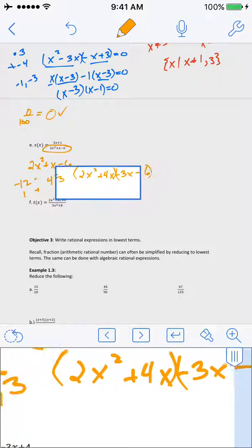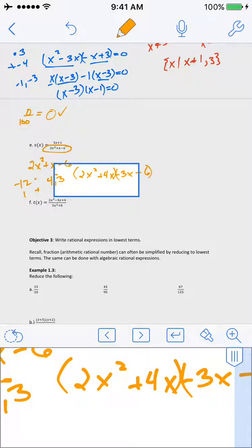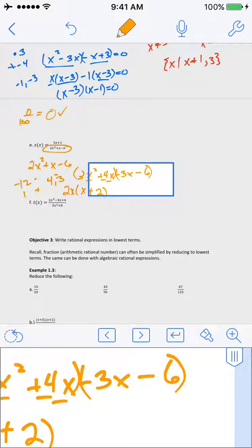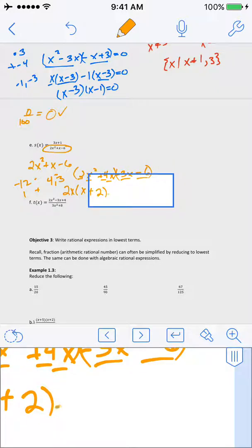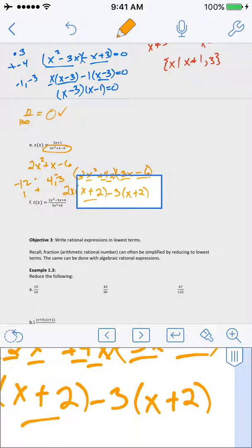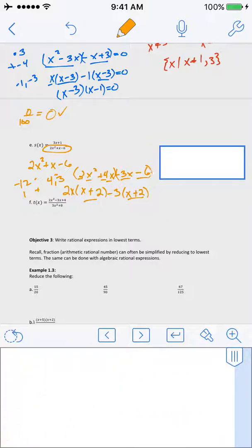In the first two, it seems they have a 2 in common and an x in common, so I'll take out a 2x. What's left over is an x plus 2. In the last one, they have a minus 3 in common, so I'll take out a minus 3. I'm left over with x plus 2. And then now, one more time, they have an x plus 2 in common.